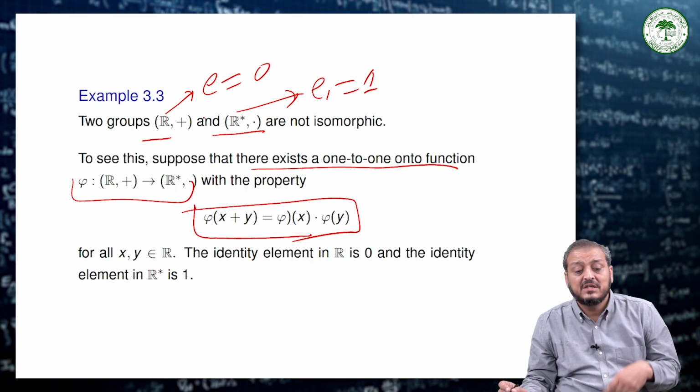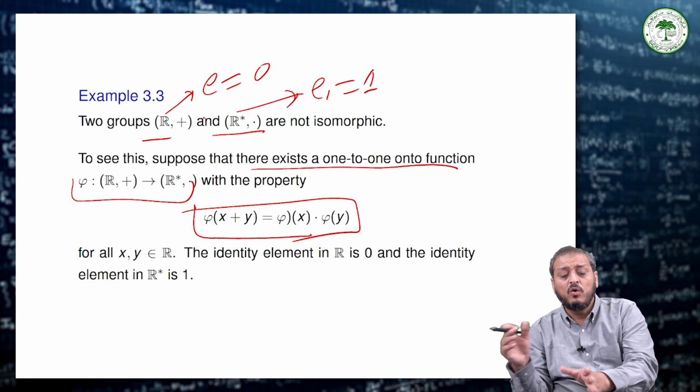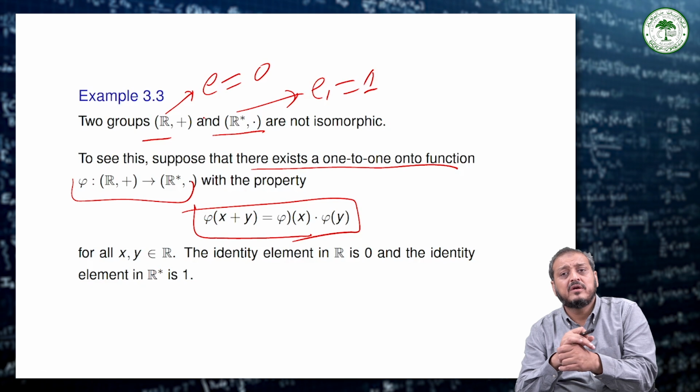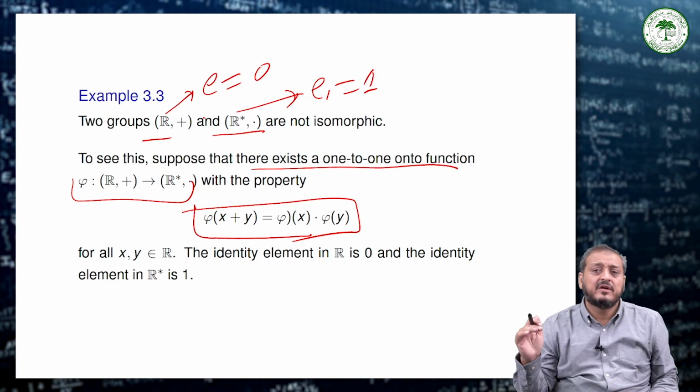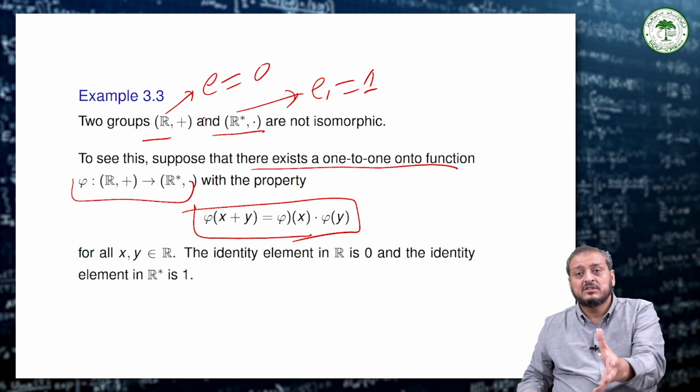So we can simply say that R under addition has additive identity equal to 0, and R star under multiplication has multiplicative identity equal to 1. So we have tried to show that this is not an isomorphism.